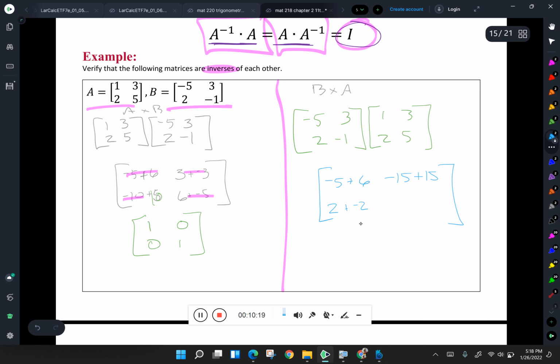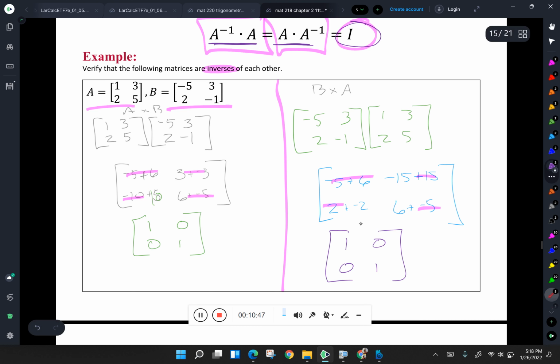And then second row, second column, 2 times 3 is 6, negative 1 times 5 is negative 5. Add, and what do we get? Let's see, negative 5 plus 6 is 1, negative 15 plus 15 is 0, negative 2 plus 2 is 0, and 6 plus negative 5 is 1. So we get the identity that way too. That means that those two matrices are inverses of each other.